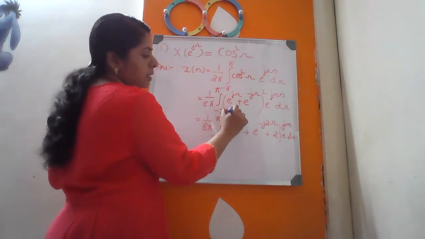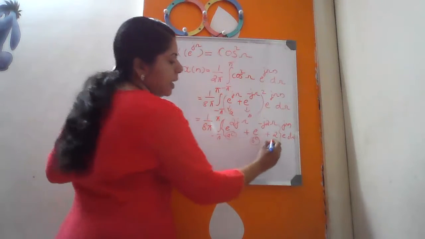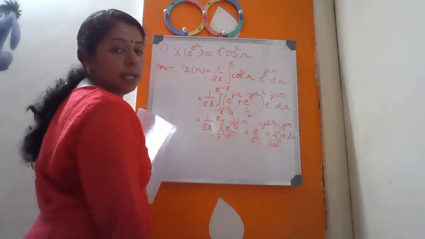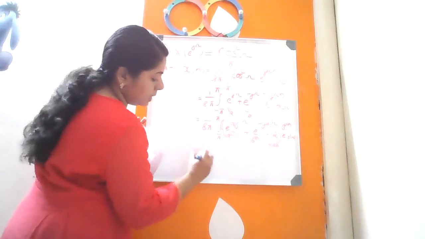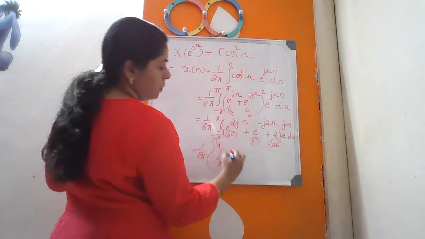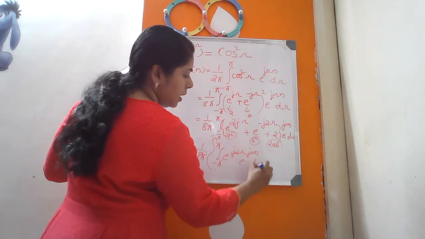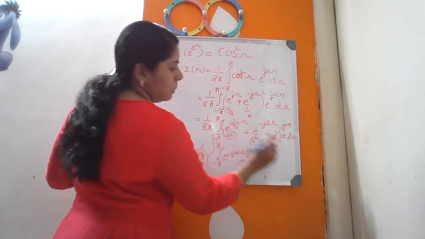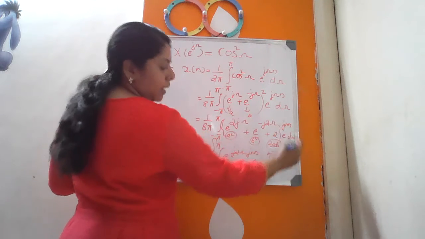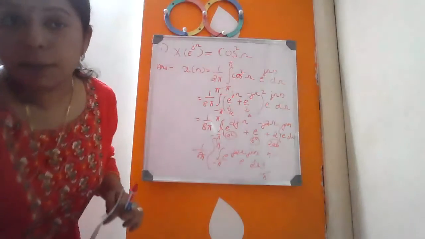It is in the form of a plus b the whole square, expanded as a square, b square and 2ab. So you have to expand this using three integrals. Taking 1 by 8 pi outside, one integral is from minus pi to plus pi of e power 2j omega times e power j omega n d omega, plus the integral from minus pi to plus pi of e power minus 2j omega times e power j omega n d omega, plus a third integral from minus pi to plus pi of e power j omega n d omega. Like that, you will have three integrals.